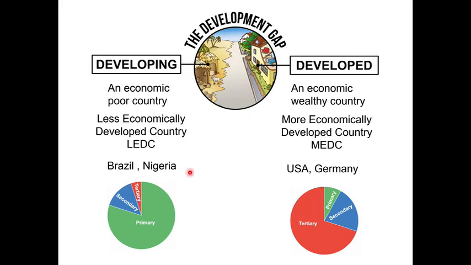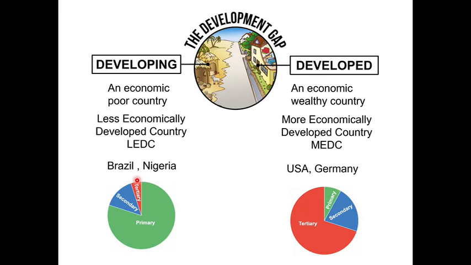Now, let's have a look at the developed countries, and immediately you're going to see it's exactly the opposite. Here we've got economically wealthy countries, and they are called the MEDCs, or the more economically developed countries. USA, Germany, they are examples of these type of countries. Now, remember I've told you we must have a look at the difference in the pie chart between the two. Have a look at the tertiary here, the red, and immediately you see the difference between the two.